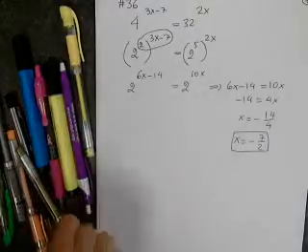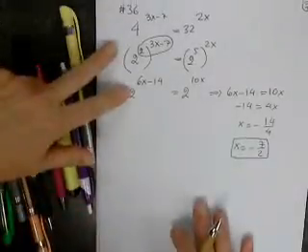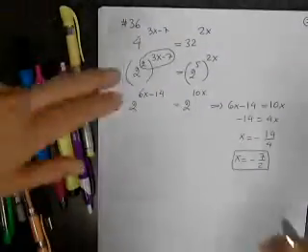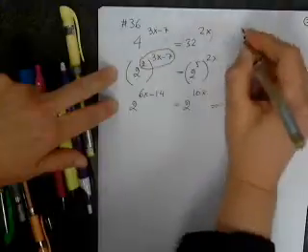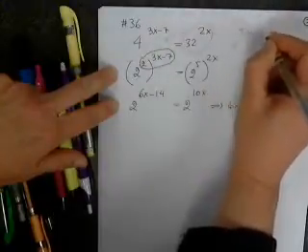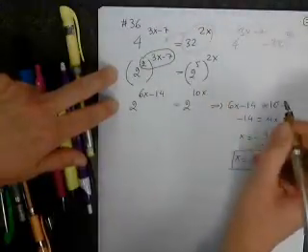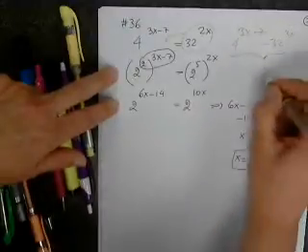Maybe it wasn't clear. In order to check, I want to create one function, so I'm going to move this to the other side: 4 to 3x minus 7 minus 32 to 2x. And in this function, I will plug this in.